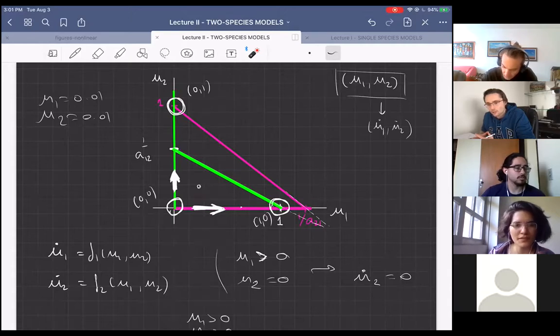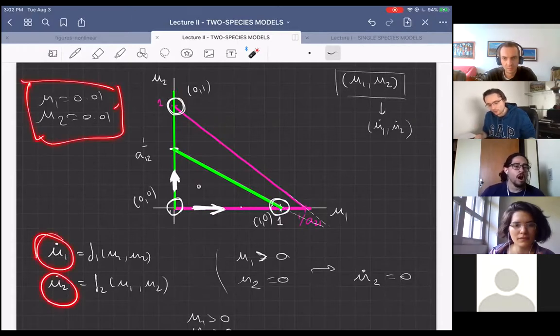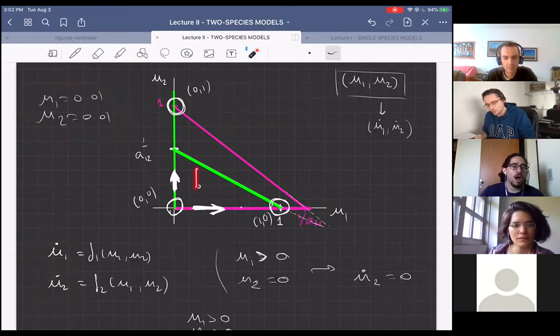We can substitute in the equation and verify the sign of the derivative. Perfect. That's the way to do it. I plug these values here, I calculate the value of the derivative, and I get the flow. That's the way to do it with my equations.